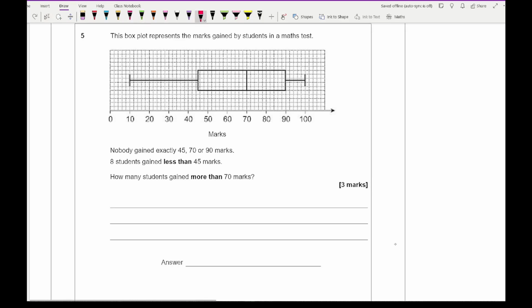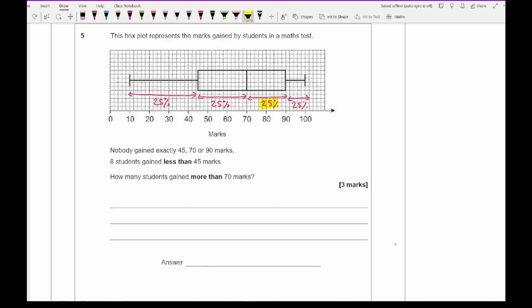Now, as we mentioned when we went through the notes, from the smallest value to the lower quartile, that's 25%. Then the lower quartile to the median is another 25%. The median to the upper quartile is 25%. And the upper quartile to the largest value is another 25%. So it says how many students gained more than 70 marks?